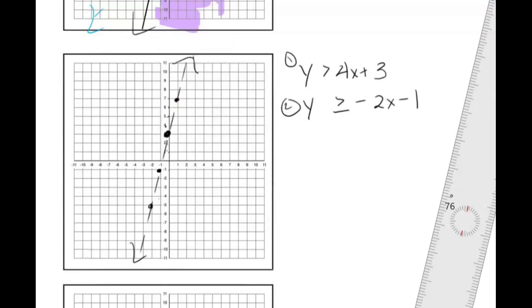It's y greater than, so it's going to be over here. Again, if you're not sure, you can test a point. Test 0, 0. In this case, 0, 0 should not work. I know it's close, but 0, 0 is right here, and it shouldn't be in our solution set.